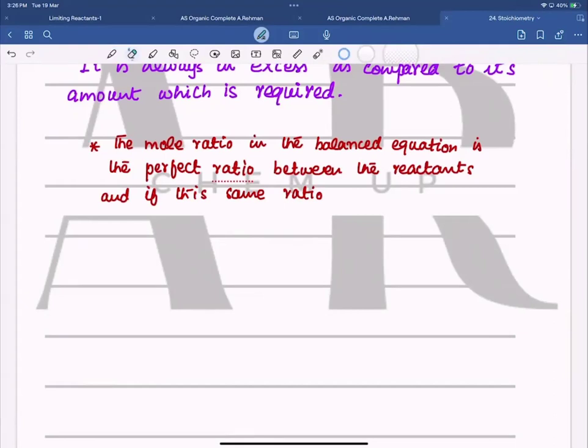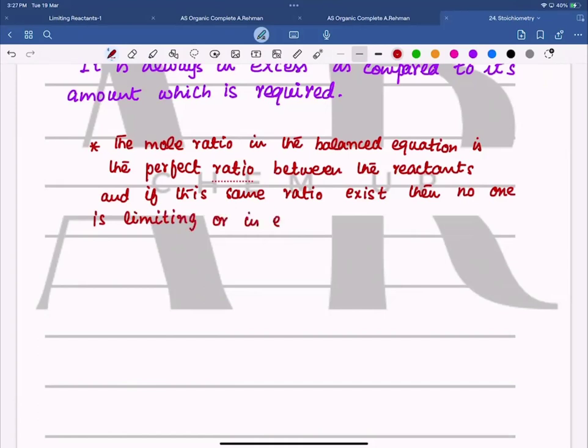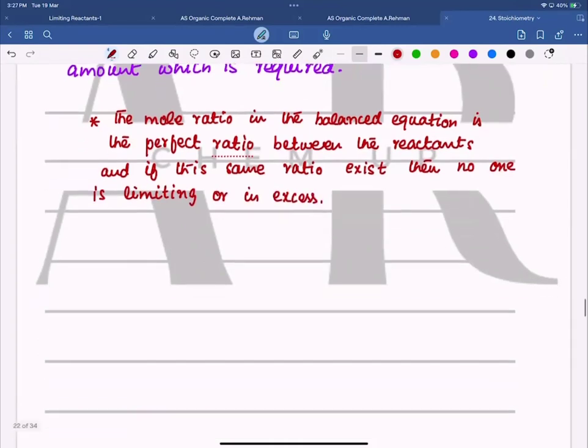If this same ratio exists, then no one is limiting or in excess. Is this point clear?